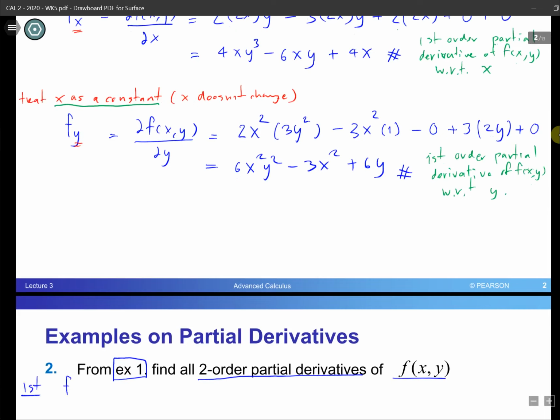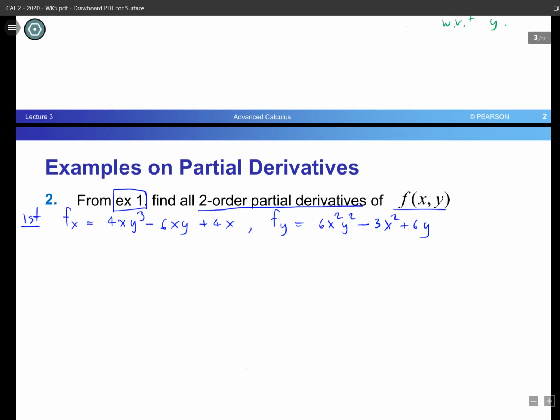We have fx, and that is equal to 4xy cubed minus 6xy plus 4x, right? And we have two of them. The other one is the partial diff with respect to y, that's equal to 6x squared y squared minus 3x squared plus 6y.